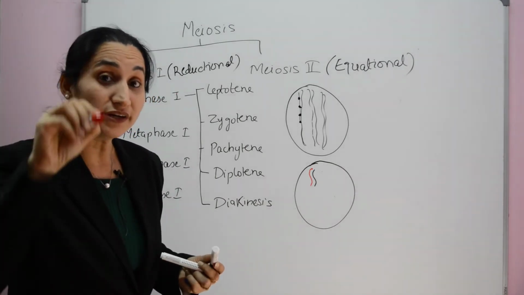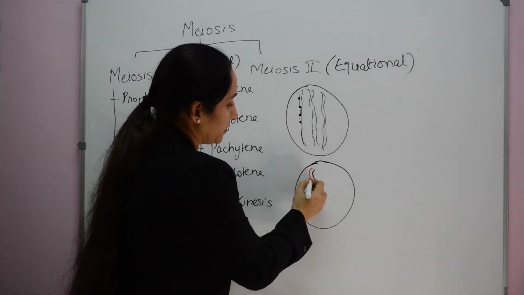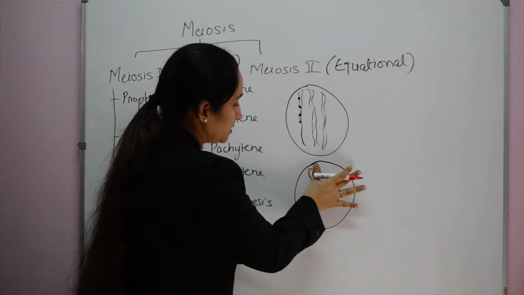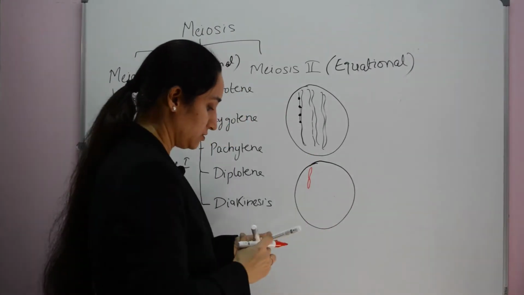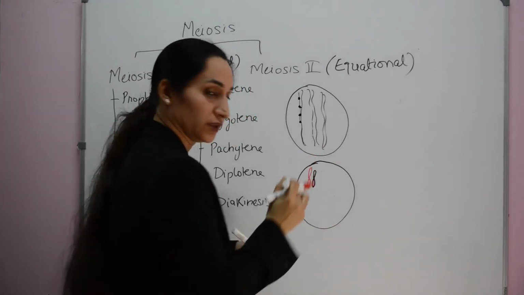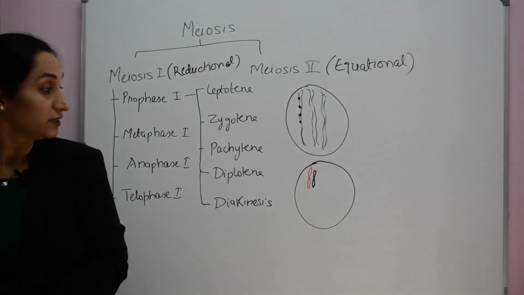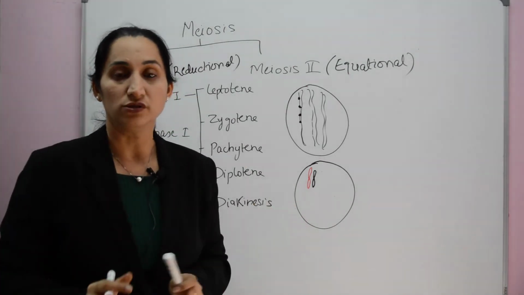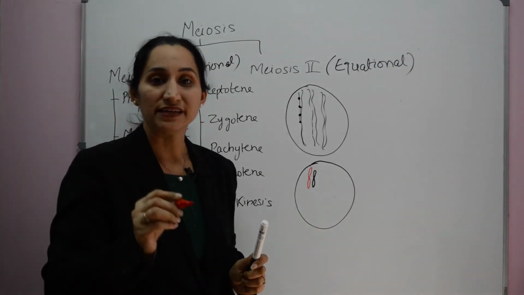In the S phase of interphase, these are already duplicated, so we will draw them like this. This is the maternal chromosome and this is the paternal chromosome. Now they are paired, right? As they are paired, they are said to be homologous chromosomes, and this pairing is known as synapsis.